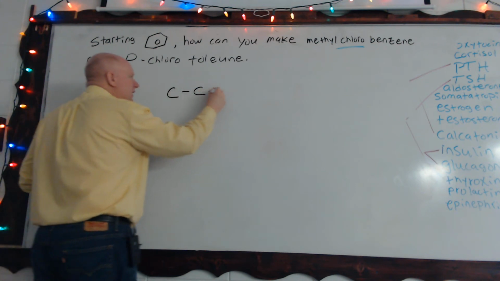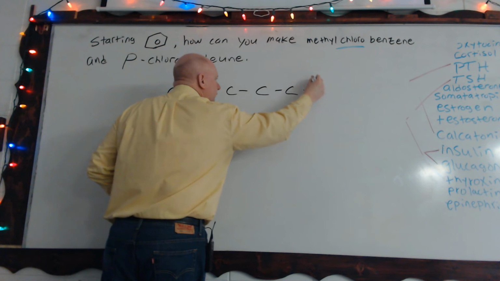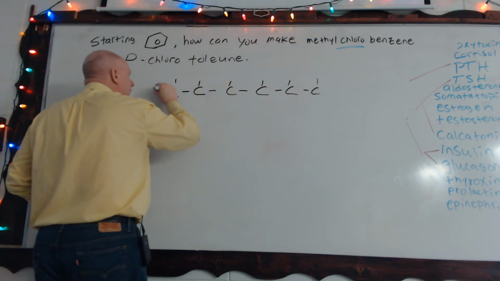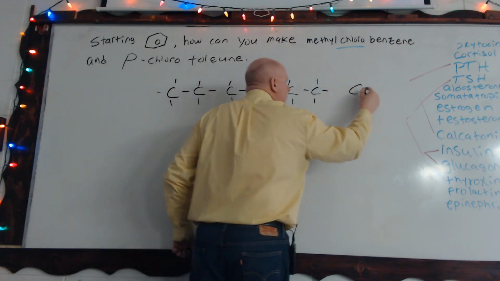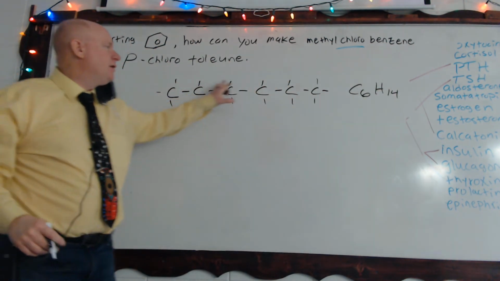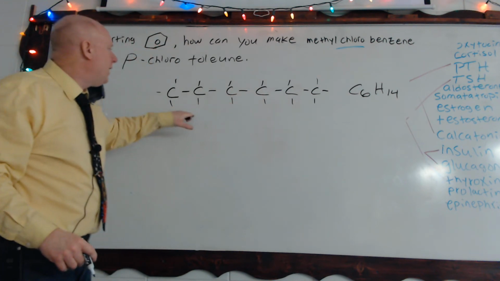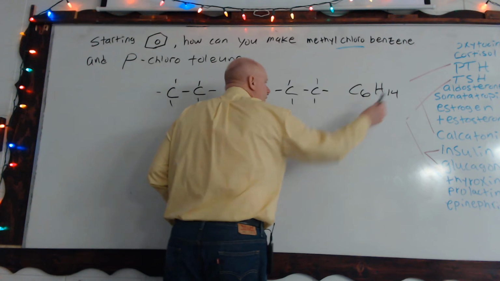If we had hexane, C6H14. Okay, there's 6 hydrogens on the top, there's 6 hydrogens on the bottom, and then 1 hydrogen on each end. That's where the 14 comes from.